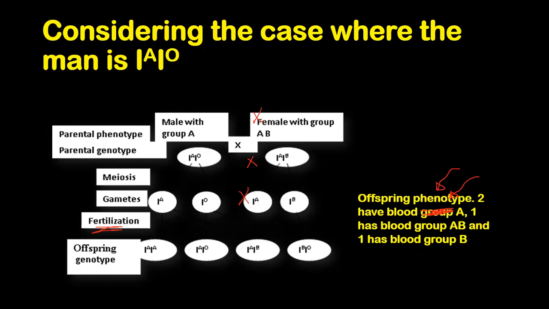The man is of blood group A and the baby is of blood group B. Carry out a genetic cross to settle this.